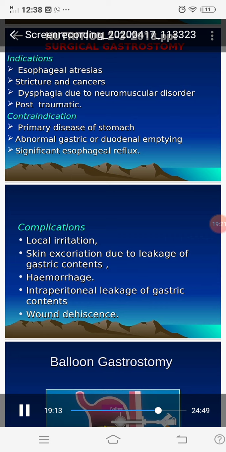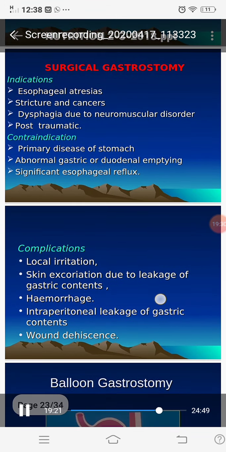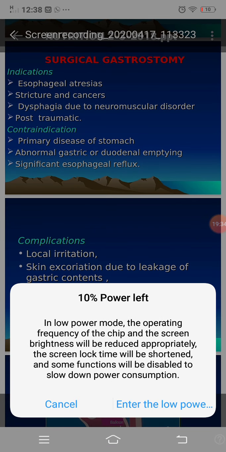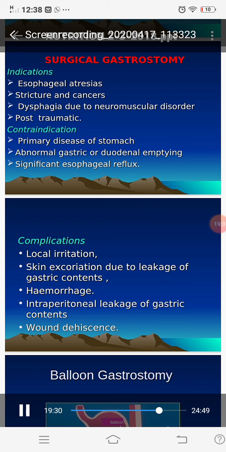You can also do the gastrostomy by endoscopic method, which is balloon gastrostomy, which is also called PEG, percutaneous endoscopic gastrostomy. Okay.